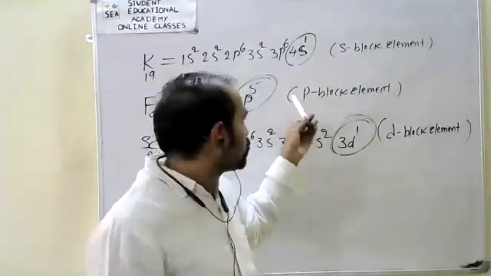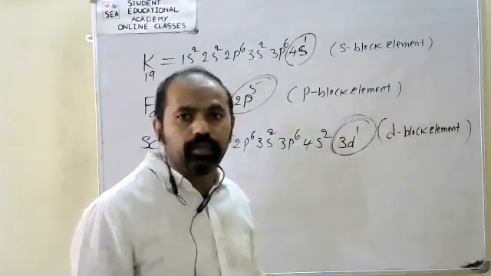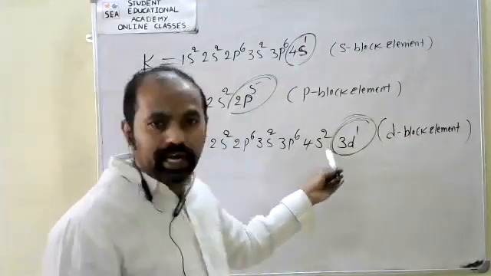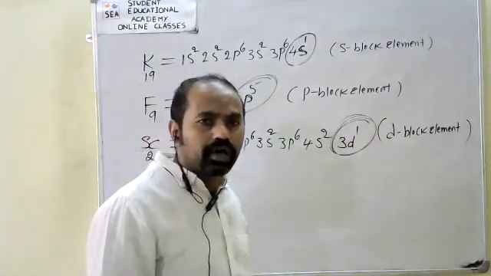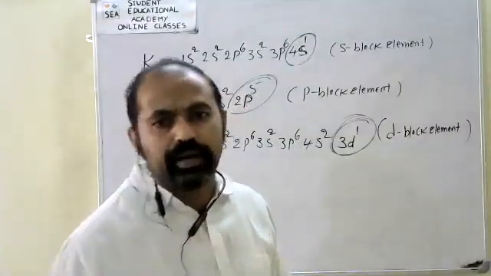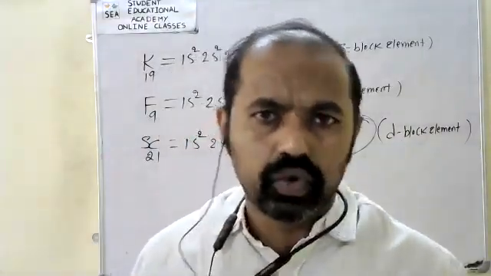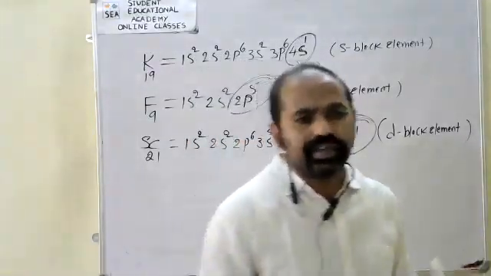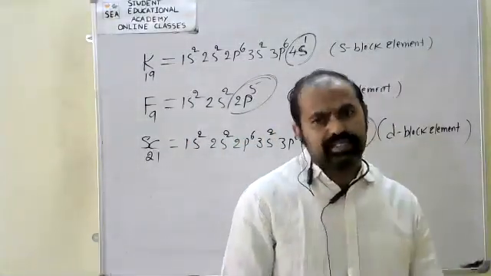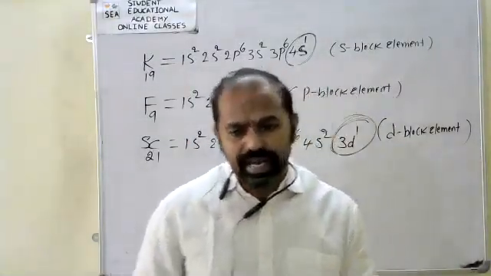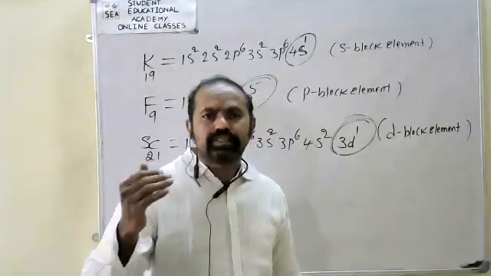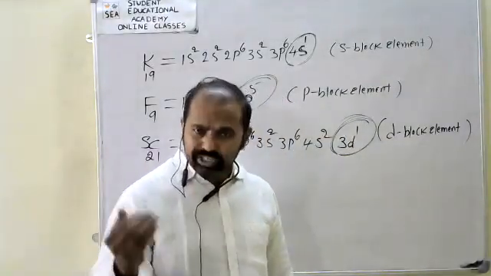If P, the P block. If D, the D block. If F, the F block, and so on. This is the classification of elements based on differentiating electron, that is, based on electronic configuration.